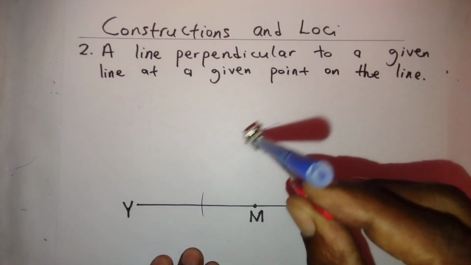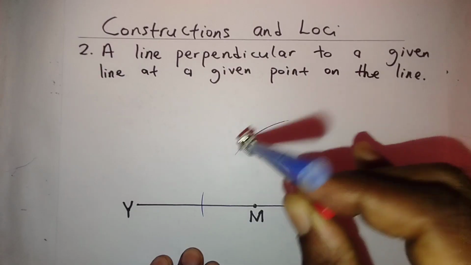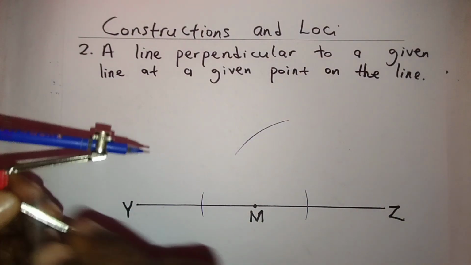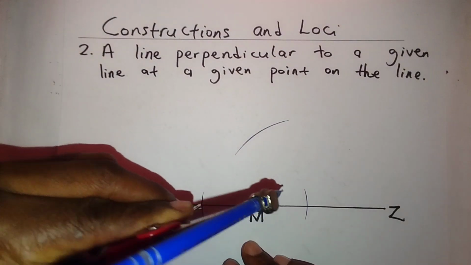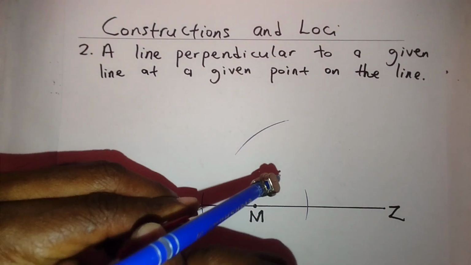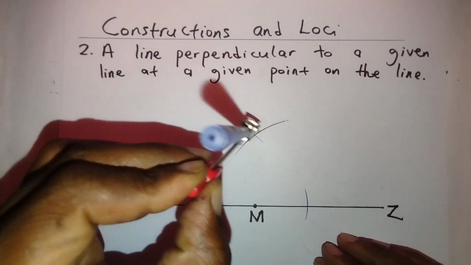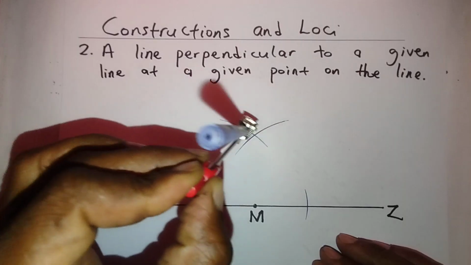I'll construct 1 arc above M with my center on the right of M. Now also with my center on the left of M, where the line YZ meets the arc, I'll construct another arc which meets the first one above M, like this.